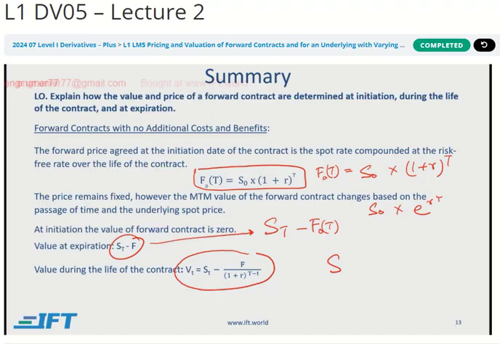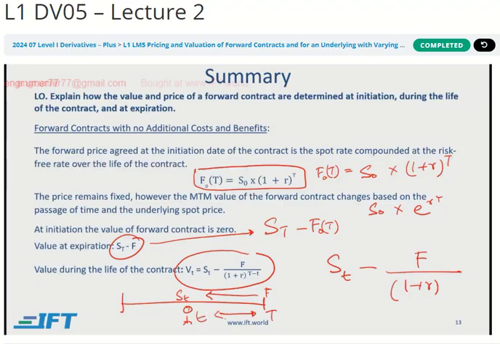And if you want it during the life of the contract, then you will take the spot price during the life of the contract, and you will take the future price which you have locked, but you will not take the future price without discounting it, because if you want it somewhere in the middle, then you are taking the spot price, but this future price also has to be brought back to today. So we discount it back to today, and what is today? It is big T minus small t.